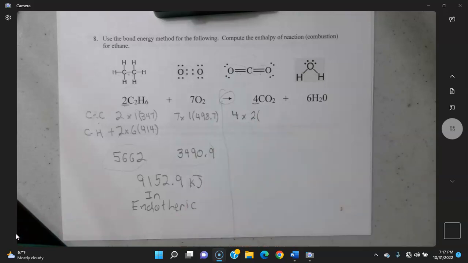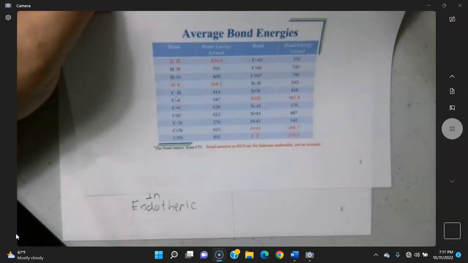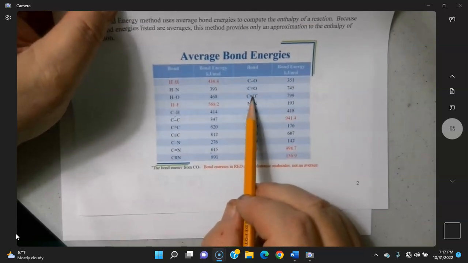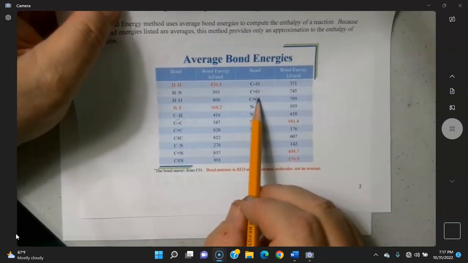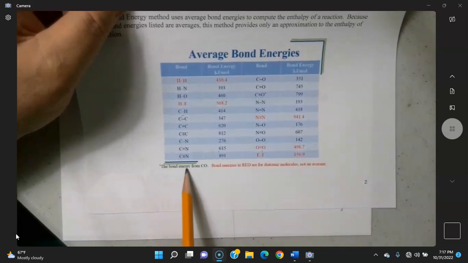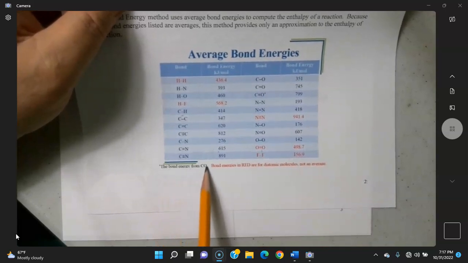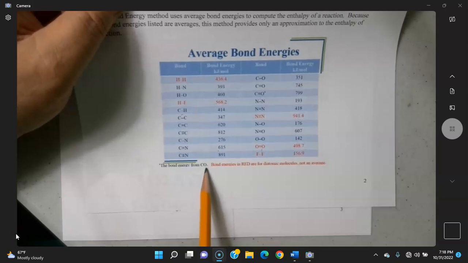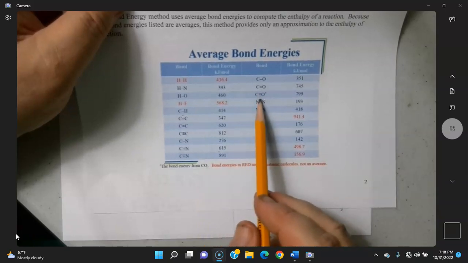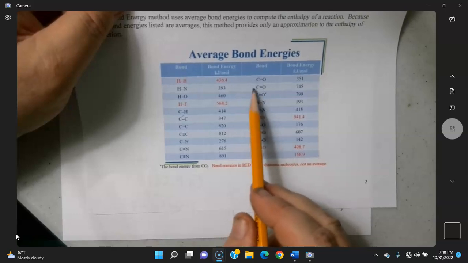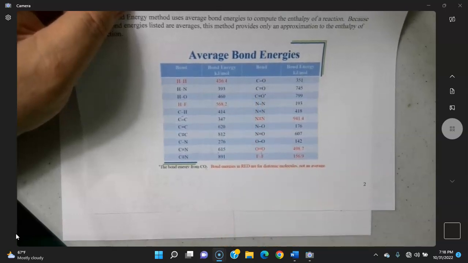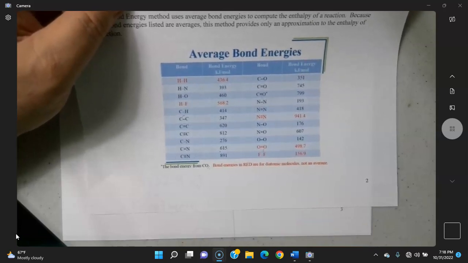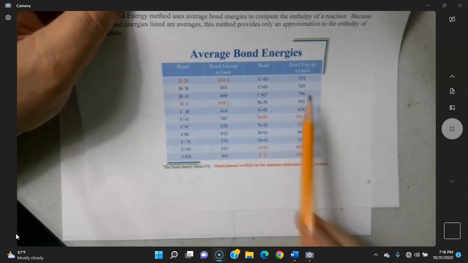And now we look at the energy for a carbon-oxygen double bond, and you see 2 numbers for it. So which one do you use? Well, if you look at this asterisk and read down here, it says the bond energy from CO2. So that's the one you're going to use because we are dealing with CO2. There's all kinds of other carbon-oxygen double bonds in nature, but this one specifically for CO2 is very common, and so it has a different bond energy, so it's 799.